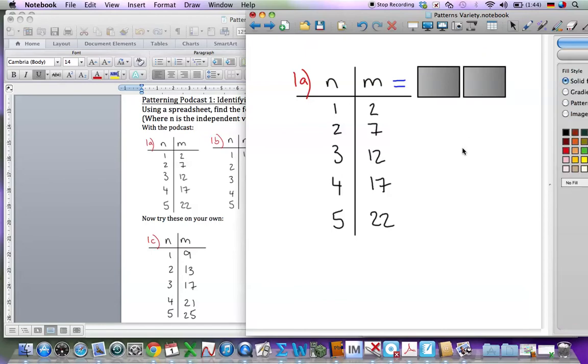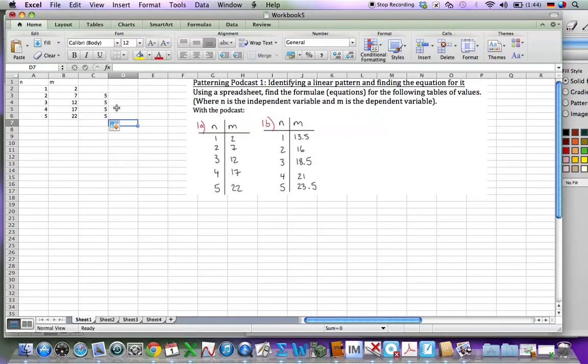So back on our spreadsheet, I am going to copy the table again because I need to use it. So I'm going to Command C and Command V. And I'm going to actually list the 5 times table. So 5 times n.